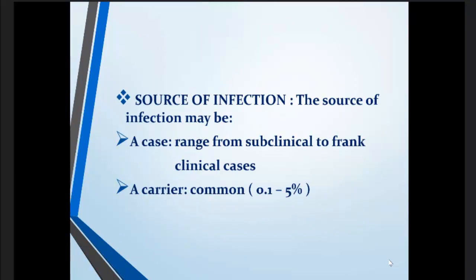The source of infection of the disease could be a case or a carrier. There is a wide clinical spectrum of the disease, ranging from frank clinical cases to subclinical, and also, as we said, a carrier state is common. Its rate is from 0.1 to 5%.